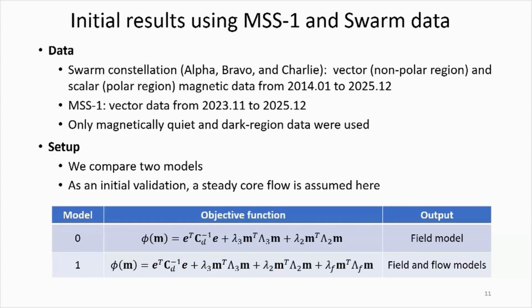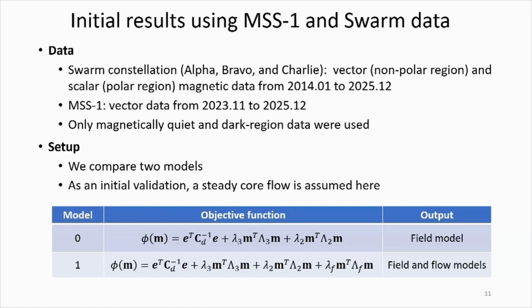Okay, so I will show the initial results using MS-1 and Swarm data. Here, we use over 10 years of Swarm constellation data, Alpha, Bravo, and Charlie, and both vector and scalar data were used. For the MS-1 data, we use over 2 years of vector data.